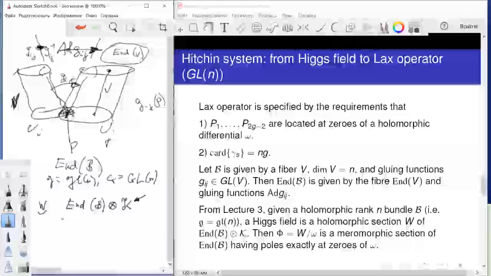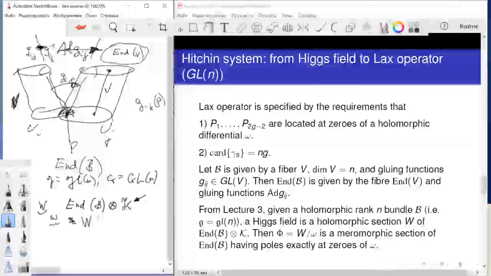It's called a Higgs field, but I called a Higgs field a little bit different stuff. I chose a holomorphic one form, omega, and divided phi by omega, and this now is an operator valued function.